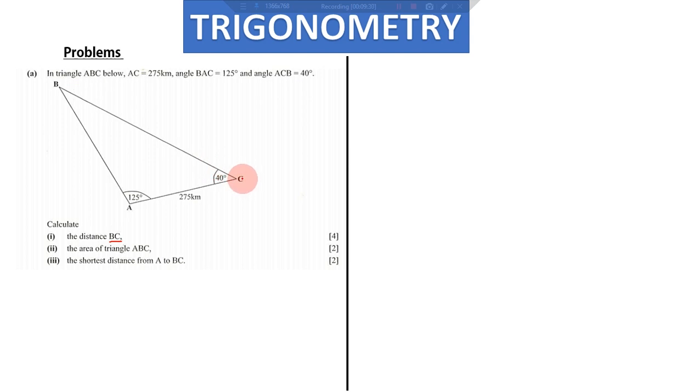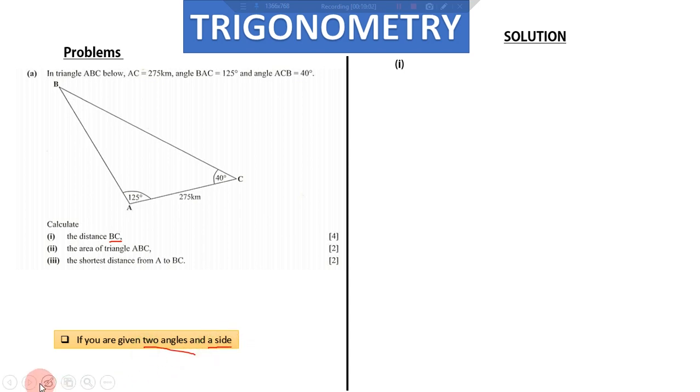Since it is a side, remember this doesn't have a 90 degree angle, so it means it's a non-right angled triangle. Now for me to find that distance, I am going to use one of those rules. For us to choose which rule to use, we'll bring back the statement we were just talking about. When we want to use sine rule, we said you're supposed to be given what? 2 angles and a side.